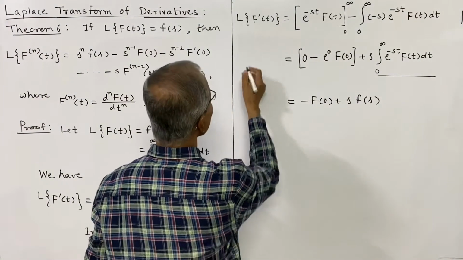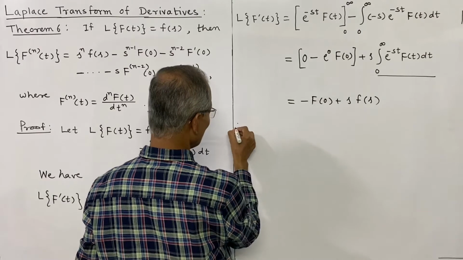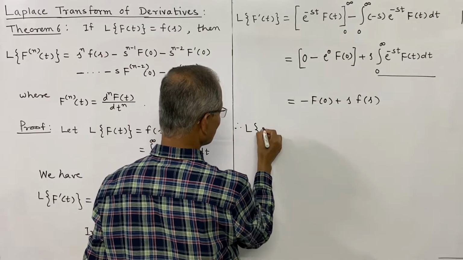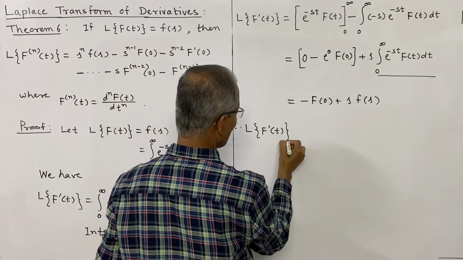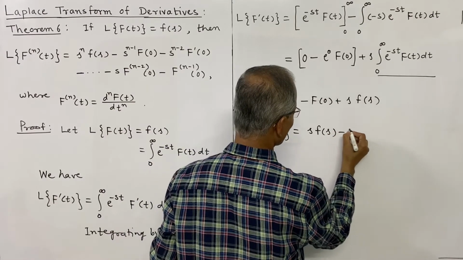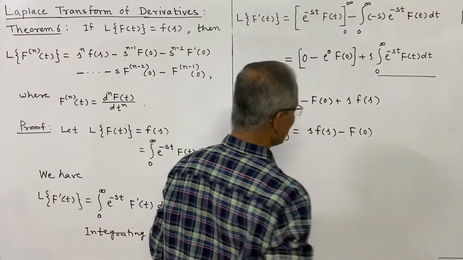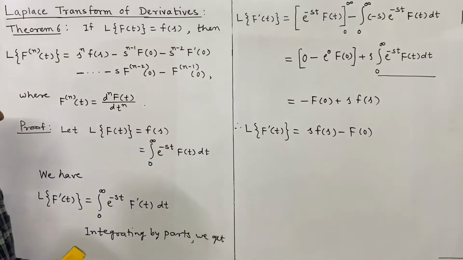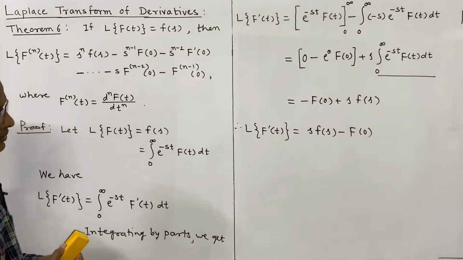The left side is L of f dash t, therefore L of f dash t is equal to s f of s minus f of 0. So this is the Laplace transform of the first order derivative that we have obtained.